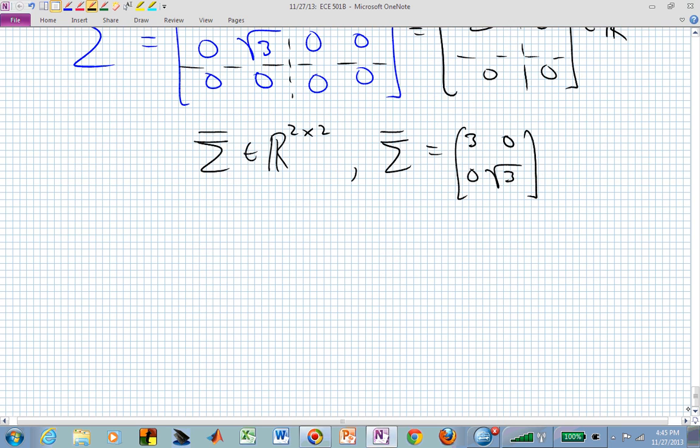If we build this up or put it into MATLAB, we would get a U matrix that's 3 by 3.